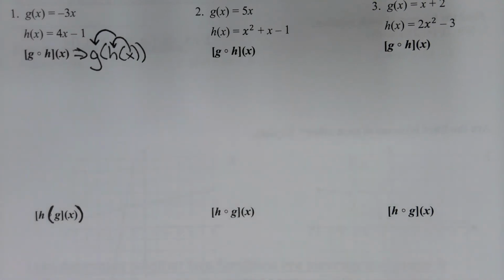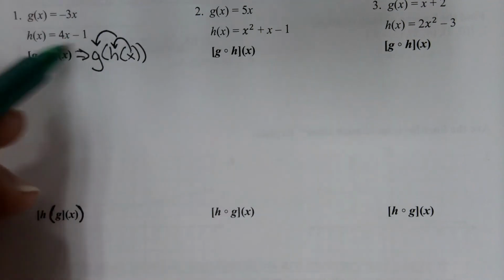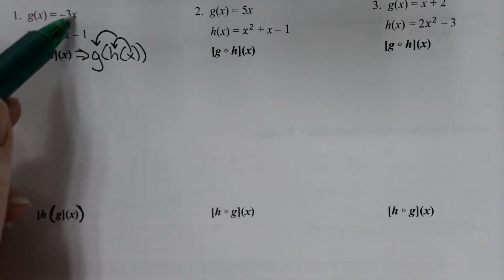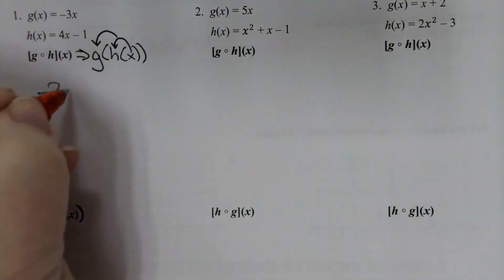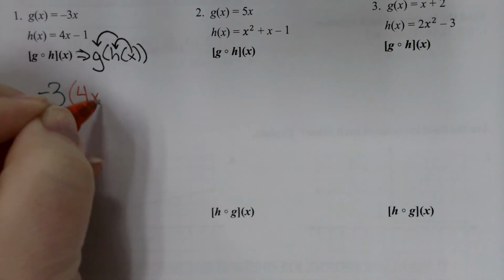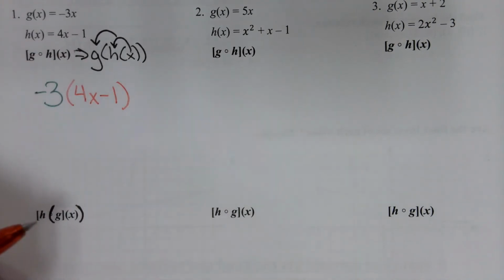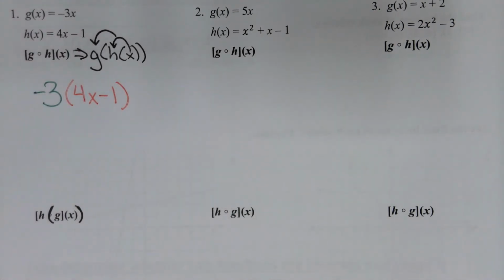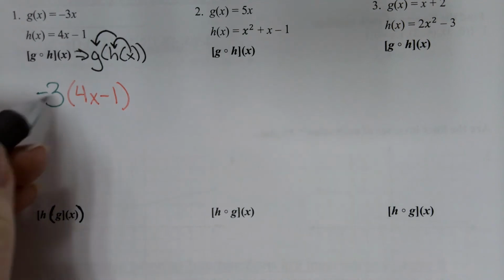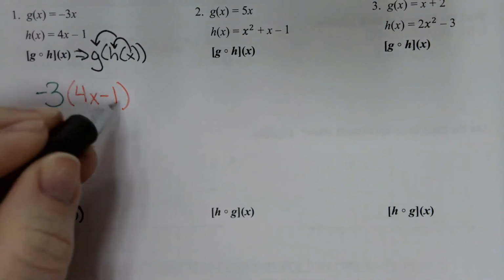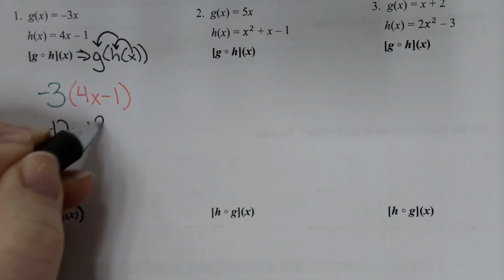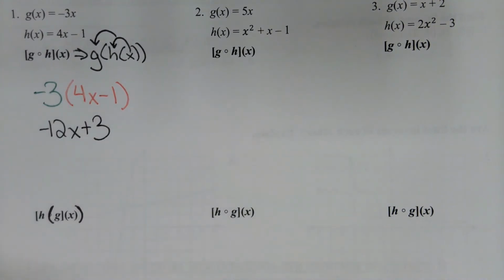So we are going to take this h equation, 4x minus 1, and we're going to replace x with it. So we'll have negative 3 times our 4x minus 1. Then we can reduce. Negative 3 times 4 gives me negative 12x, and negative 3 times negative 1 gives me positive 3. That's all there is to that.